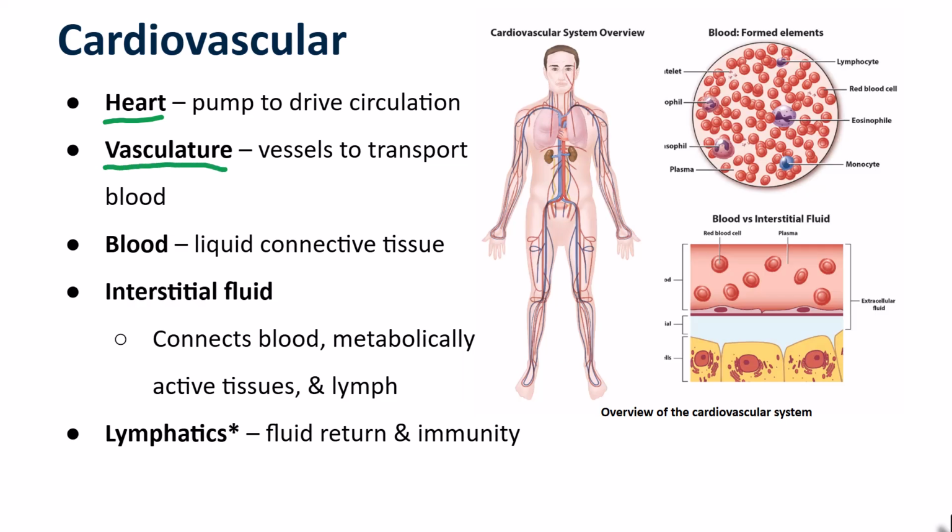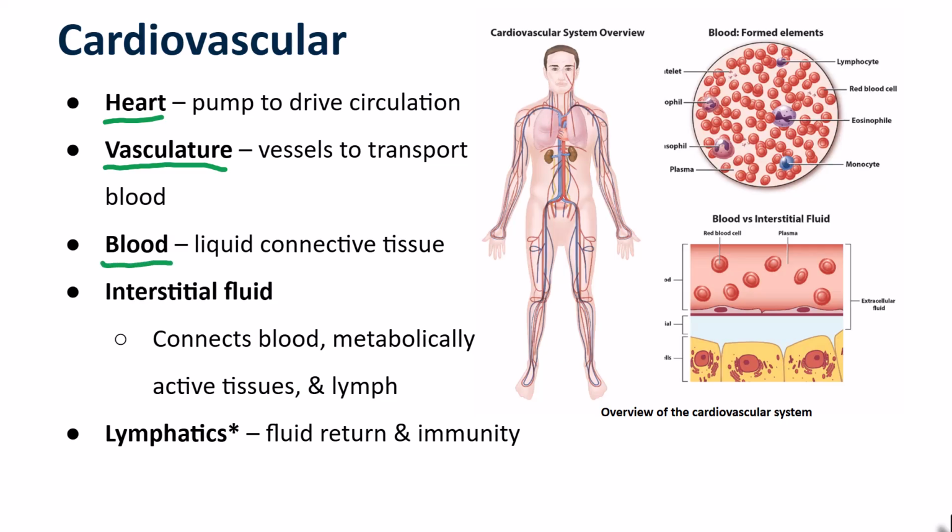There's the vasculature, which are comprised of all of the vessels to transport the blood. The arteries that carry blood away from the heart that go into successively smaller arterioles, the capillaries where exchange happens, the venules that pick up blood from the capillaries, and the veins that return the blood to the heart.